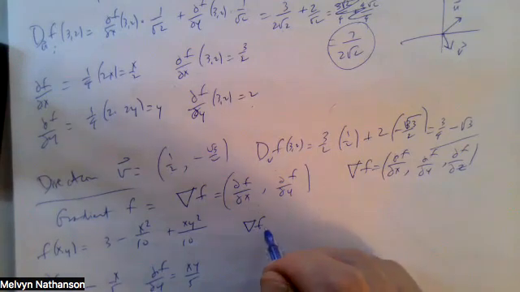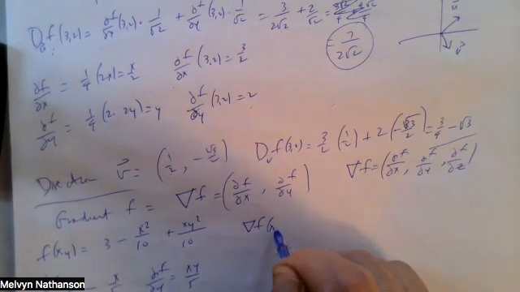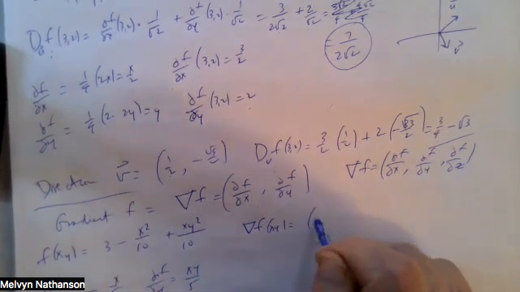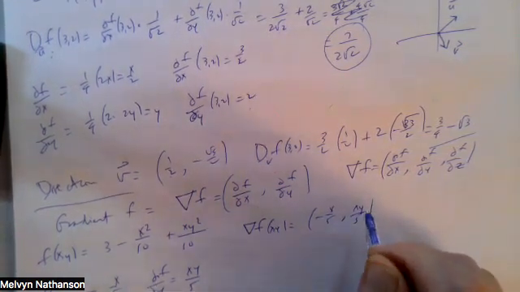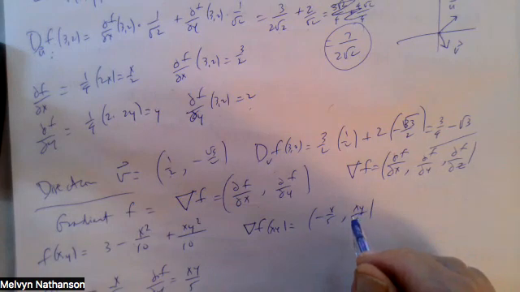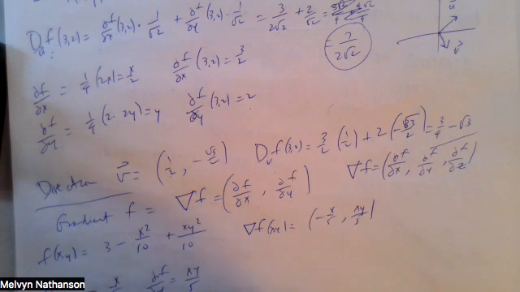So the gradient of f at any point x, y is minus x over 5, xy over 5. Oops, I'm sorry, I made a mistake. The partial of f with respect to y is xy over 5.